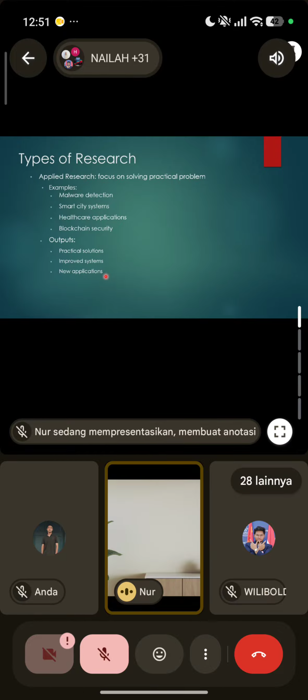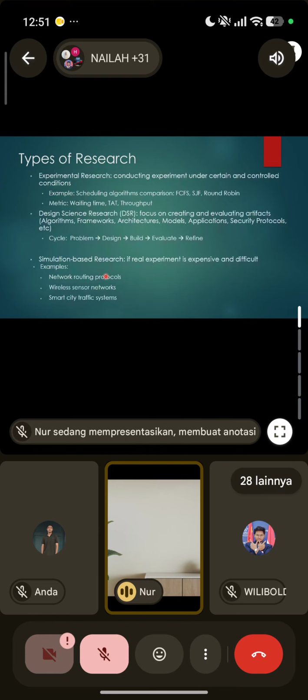The third one is experimental research. So we will conduct an experiment based on certain controlled conditions. Let me give you the simplest example of this experimental research. It's scheduling algorithm comparison.